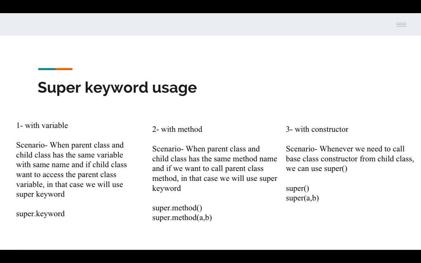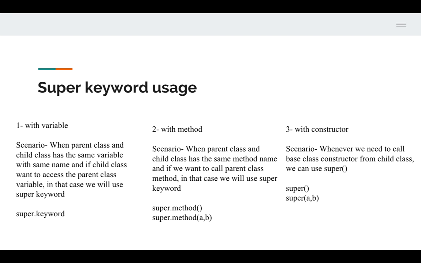So let me walk you through the complete scenarios first, and then we'll write a program for each condition and we will see. So let's talk about the first condition, with variables. The scenario says: if the parent class and child class both have the same variable, let's say data, and you want to access the base class data from the child class, then you can use the super keyword.